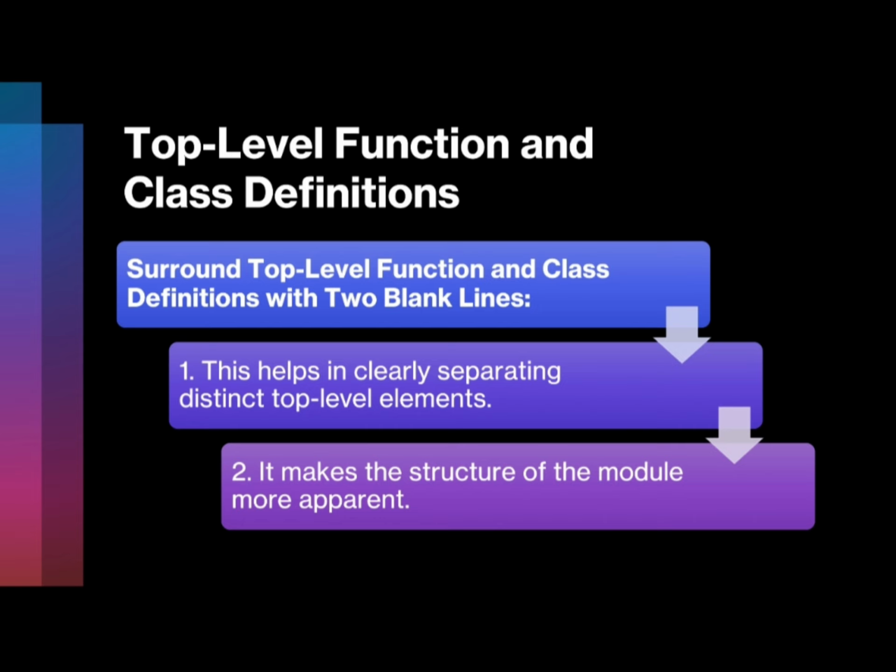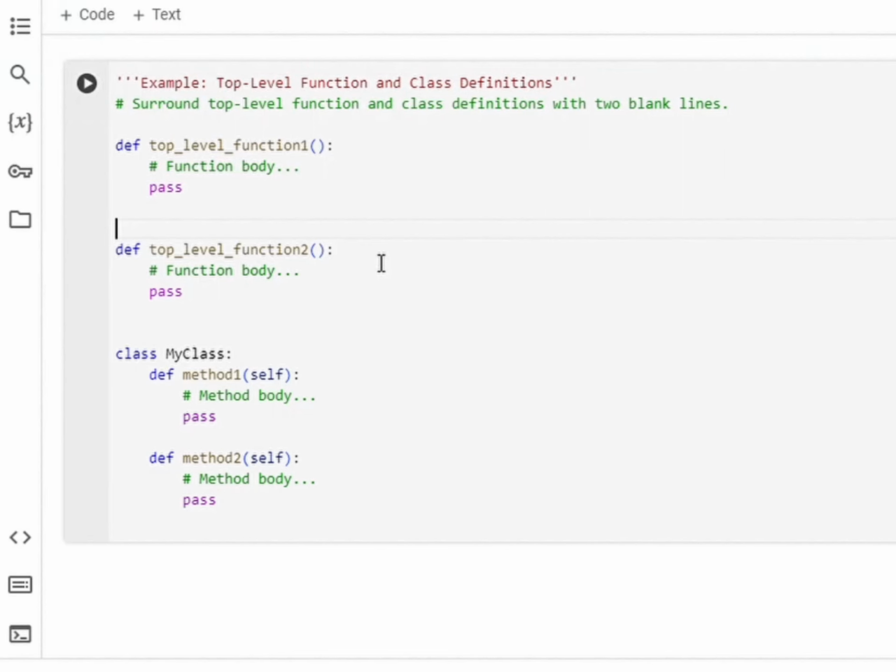PEP 8 recommends surrounding top-level function and class definitions with two blank lines. Check this out. Here we have two top-level functions and a class definition. Notice how we use two blank lines between these functions and the class. The two blank lines between top-level function 1 and top-level function 2 help to visually separate them.